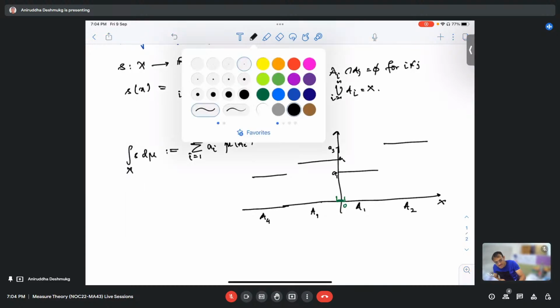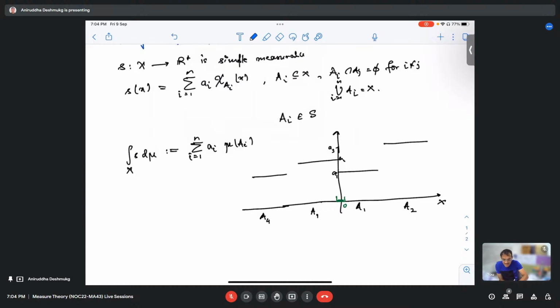So what we are doing is, if we look at the sum of a_i into mu of A_i, we are looking at these rectangles. I have missed something in between, but that can be considered as 0.